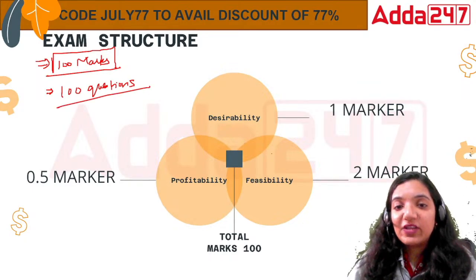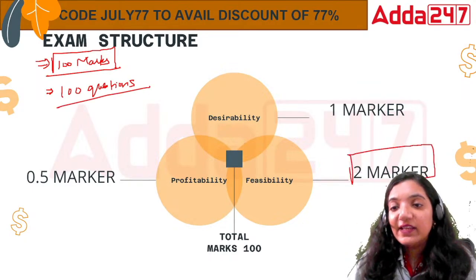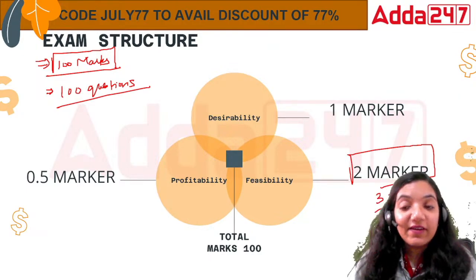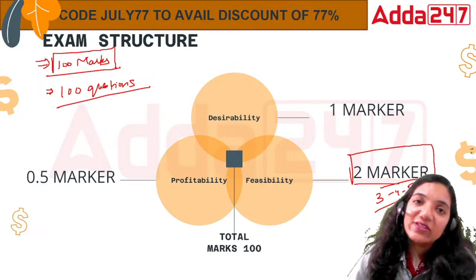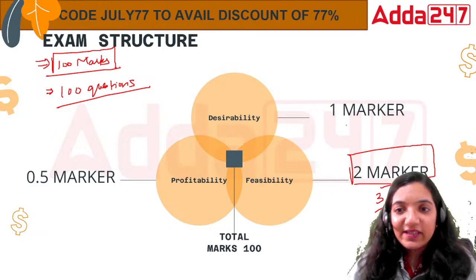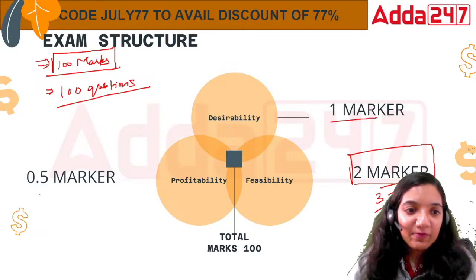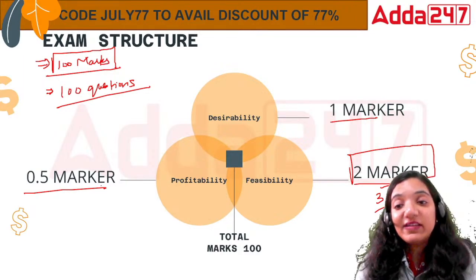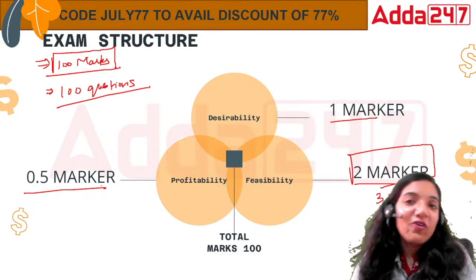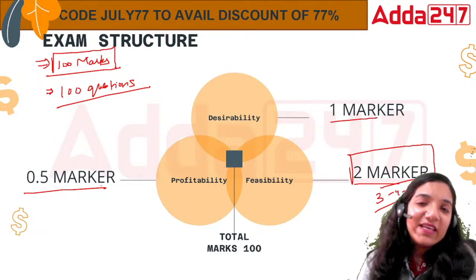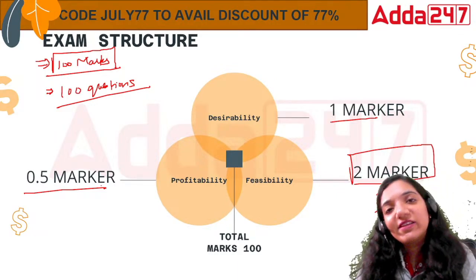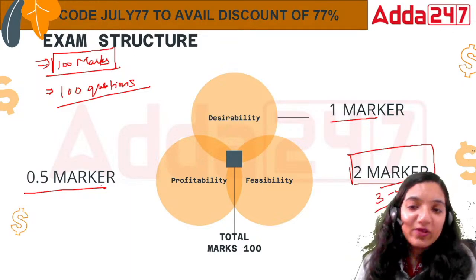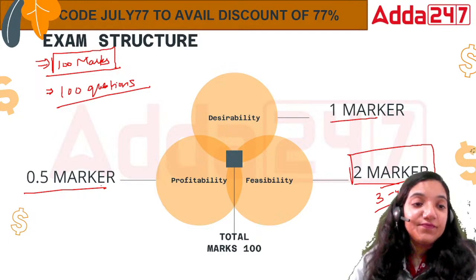Because whenever they have a case study in the examination, they would add at least 3 to 4 or 5 questions into it. So if 2 marker questions are there, then they will have to increase the 1 marker and 0.5 marker questions more, to balance it out in terms of 100 marks. To manage all that, there is no hard and fast rule that the paper will have 100 questions only. It can have more than that even.